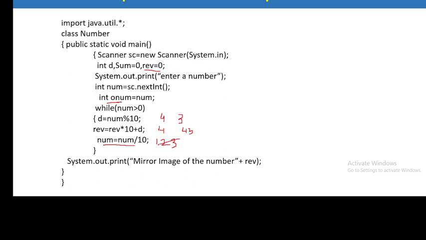Then next time when you update this number, the number will contain 12, which is still greater than 0. Now the next value of d will be 2, and reverse will become 43 multiplied by 10, that means 430, plus 2, and now the value of reverse will become 432.